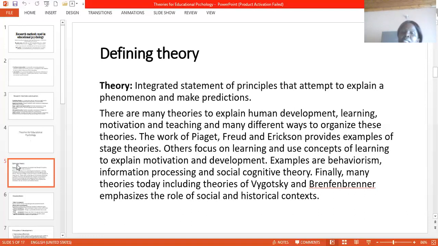Other psychologists focus on learning and use concepts of learning to explain motivation and development. Examples of the other theories are behaviorism, information processing, and the social cognitive theory. Finally, many theories today, including theories of Vygotsky and Bronfenbrenner, emphasize the role of social and historical context.